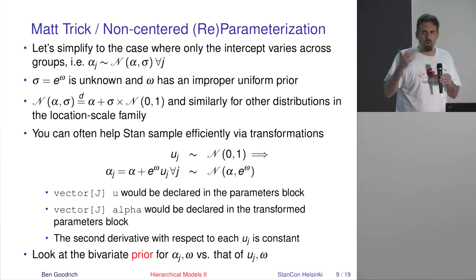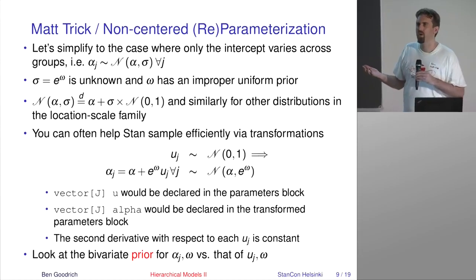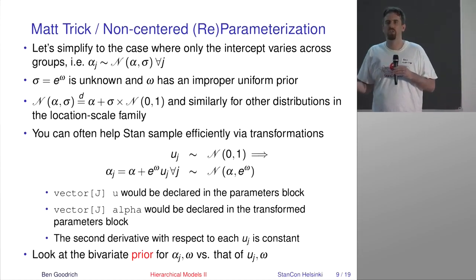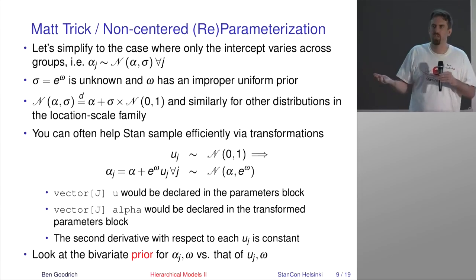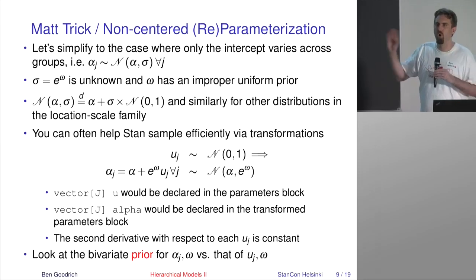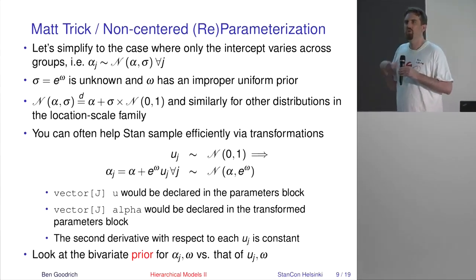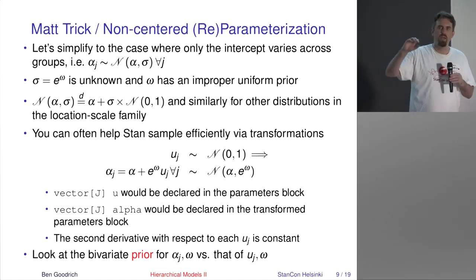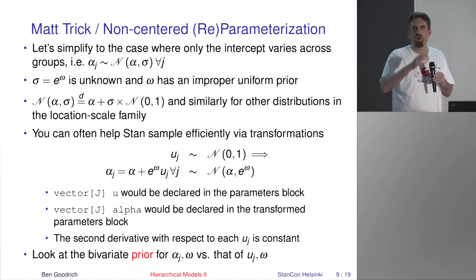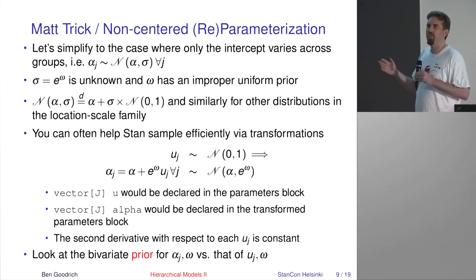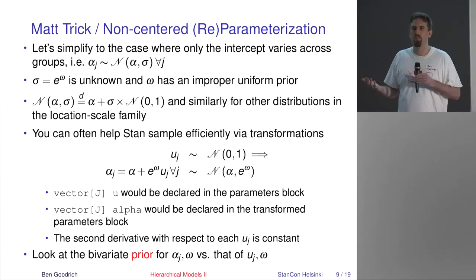Now, it's not always clear going into it which parameterization is going to result in the best efficiency, but we've found probably more times than not, using the so-called non-centered parameterization, where you take something standard normal, scale it up, shift it over, tends to work better than the other parameterization, the centered parameterization.